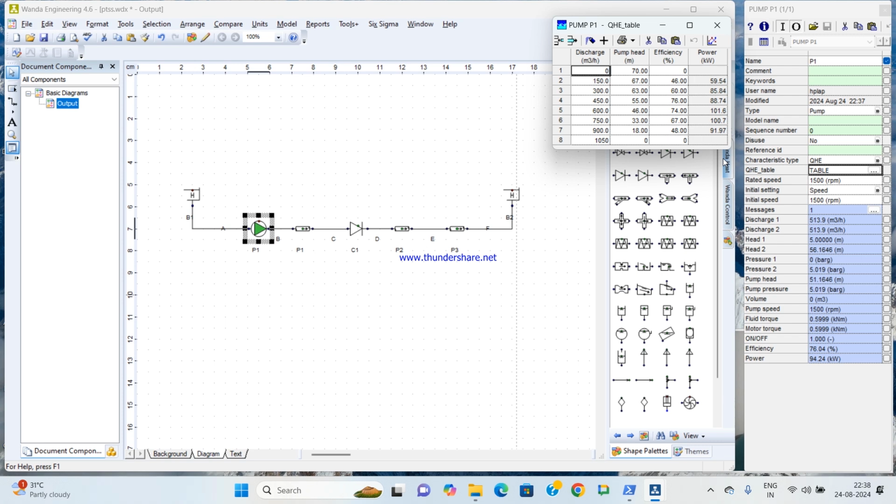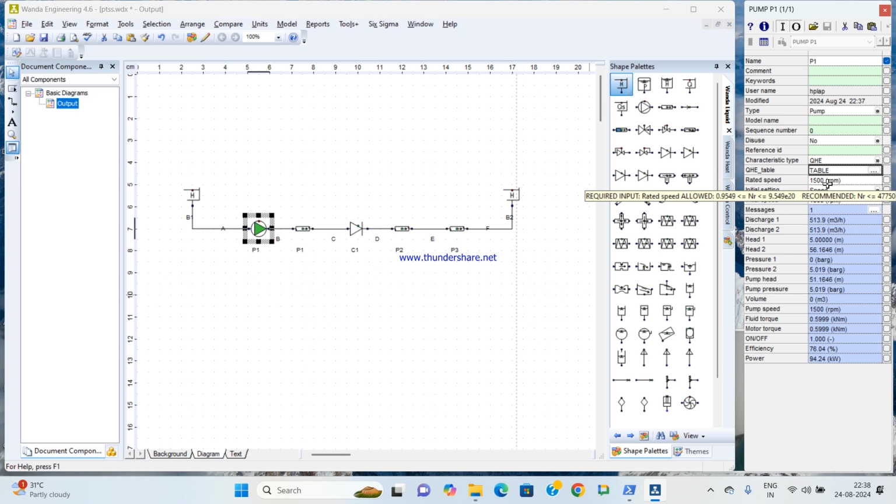So you have to feed the discharge, head and efficiency. Automatically power will be calculated. And this pump is connected with a 4-pole machine. So the rated speed is 1500.